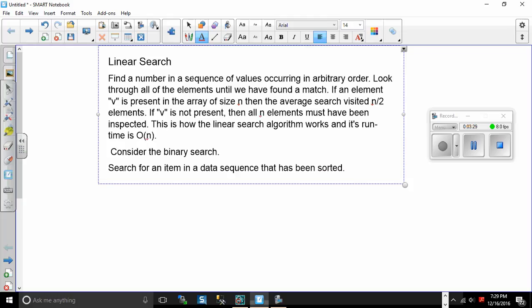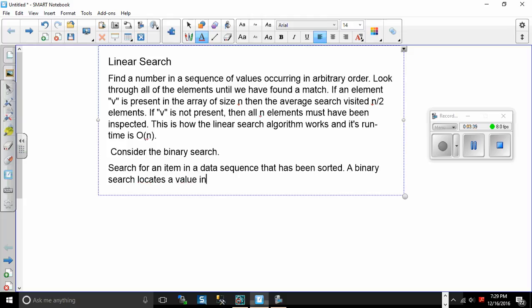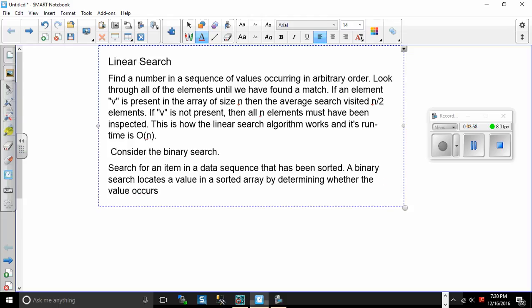A binary search locates a value in a sorted array by determining whether the value occurs in the first or in the second half.